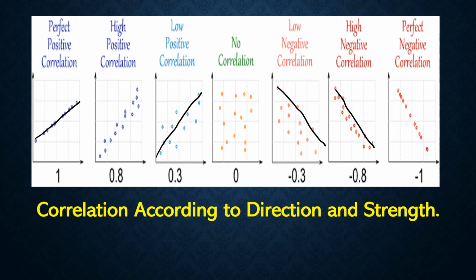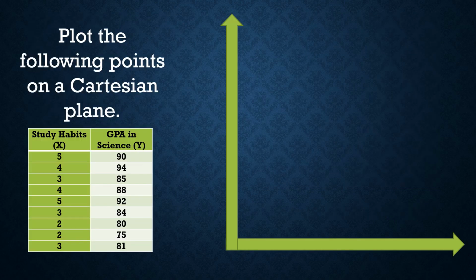Still, you can figure out the line going downward. And you can have perfect negative correlation if you can see a straight line with no points scattered. This is just a representation of correlation according to direction and strength. Please take note of this because we will be using it as we go on with our example.